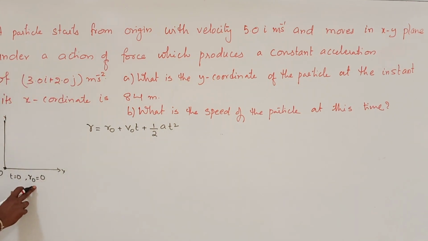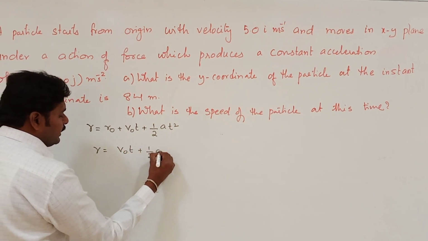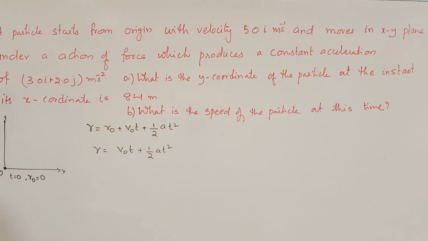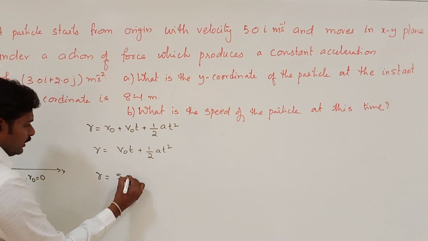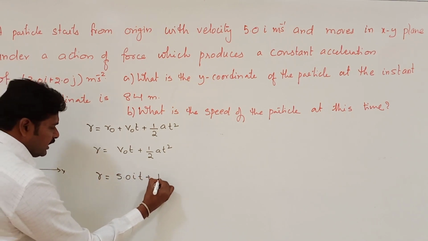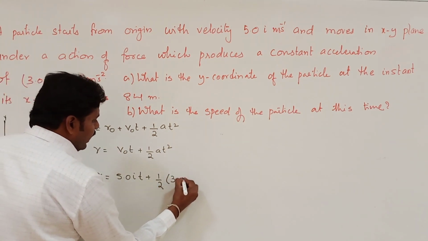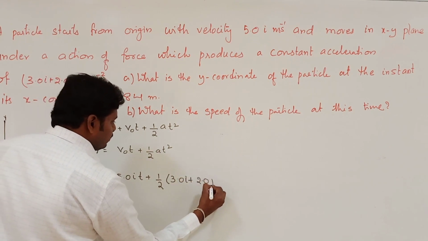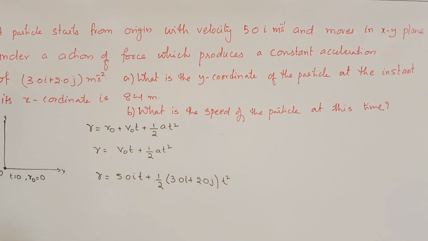Anyhow, here it starts from the origin, so R is equal to V naught T plus half A T square. Now, we shall substitute R is equal to V naught, initial velocity 5.0 i t, plus half of acceleration (3.0 i plus 2.0 j) t square, right. This is called a simple acceleration position vector.